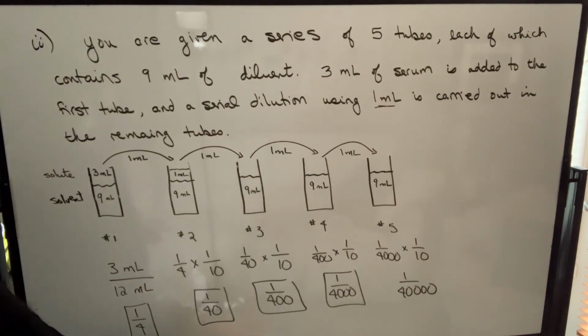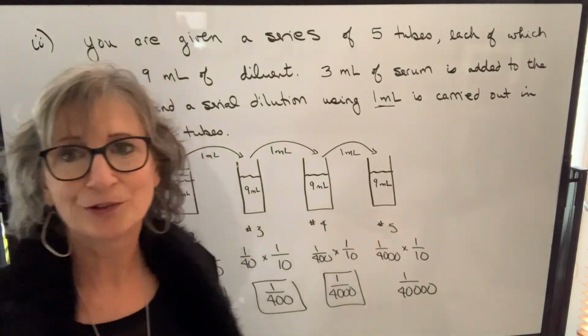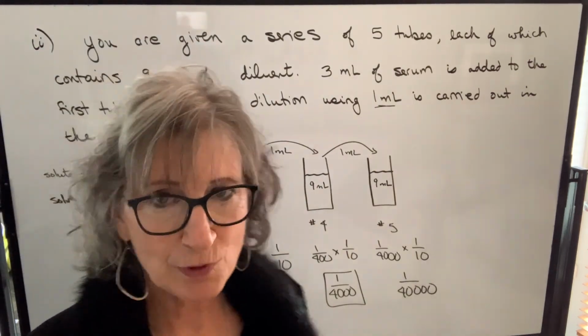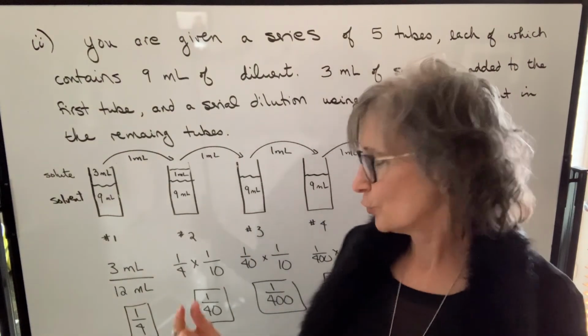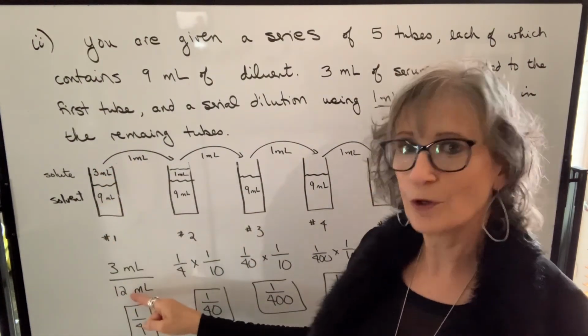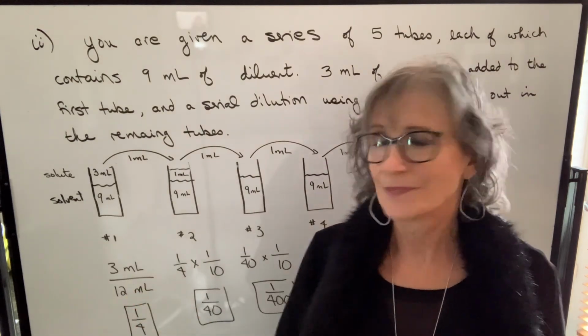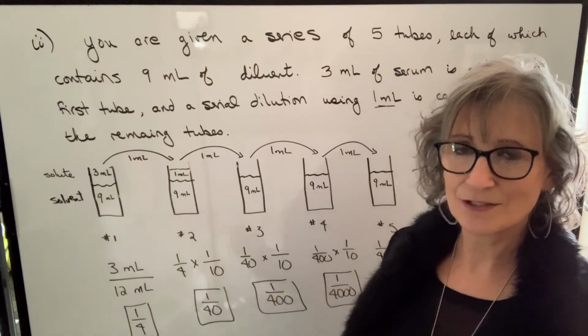So this is how you're going to carry out a series of dilutions, and it doesn't matter how many tubes, you're just going to continue in the same manner. Just remember to express your dilution as 1 to something, and don't forget to add the solute plus the solvent to get your total volume for your solution. And the same thing here, 1 plus 9 to get the 10, and so on.